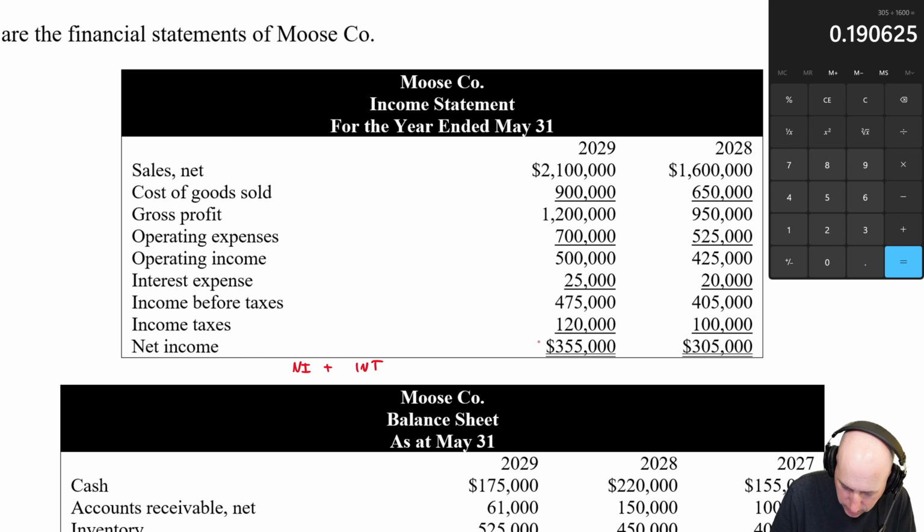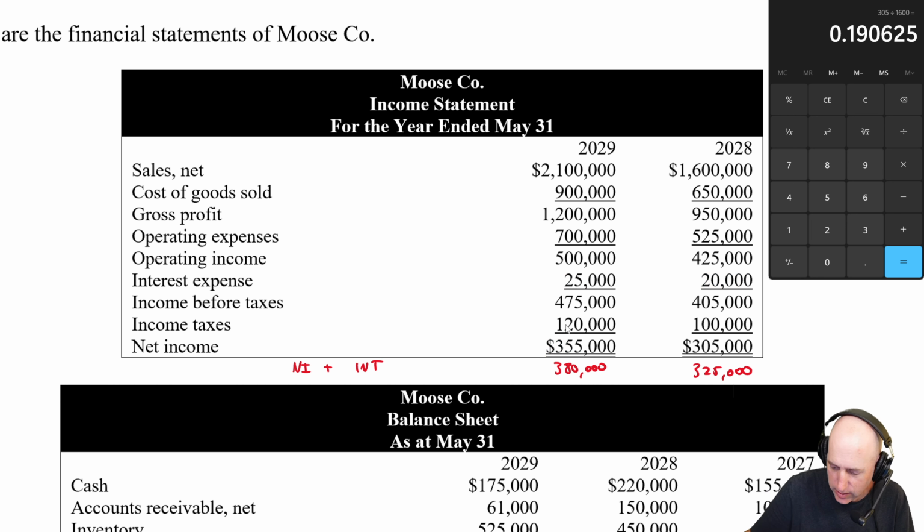Net income is 355, interest is 25, net income is 305, interest is 20. So net income plus interest is 380, and net income plus interest is 325. And so that number is going to be my numerator.